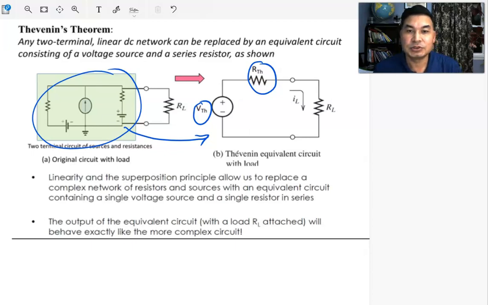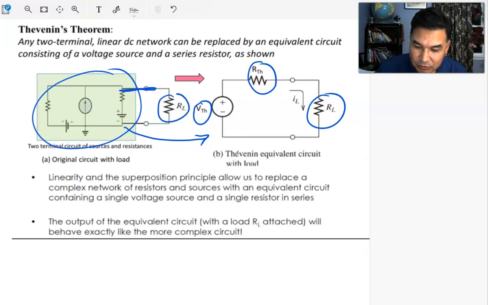There are certain rules to find the equivalent circuit, and it is very useful, because once you find the equivalent circuit, you can easily find the load current. If you connect a load resistance, it just becomes a series circuit. Without Thevenin's theorem, it would be very difficult to find the voltage at this node.